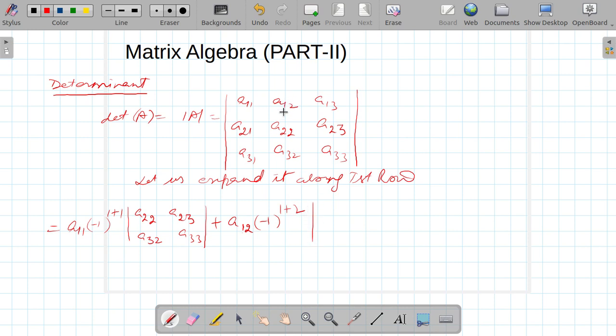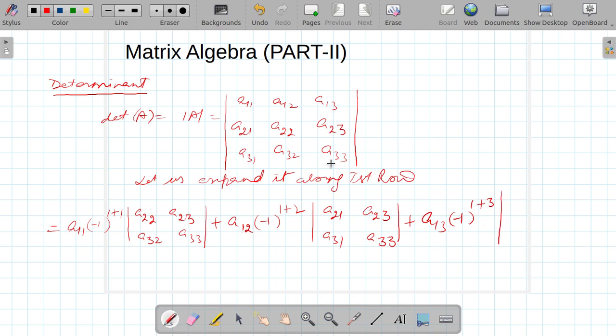Then, omitting this column and this row, the remaining will be this and this. So I will write it down here. Plus A13 and minus 1 raised to power 1 plus 3.